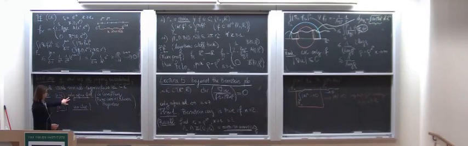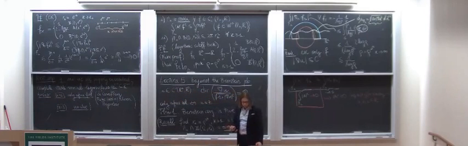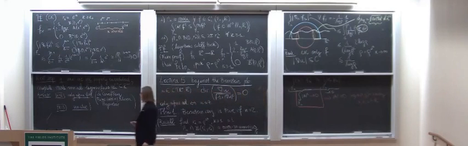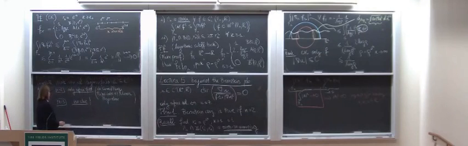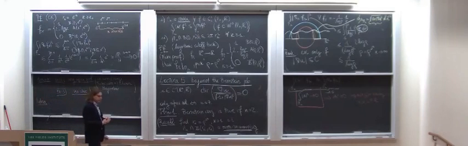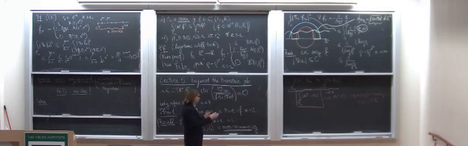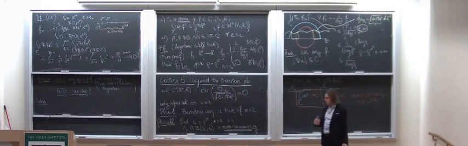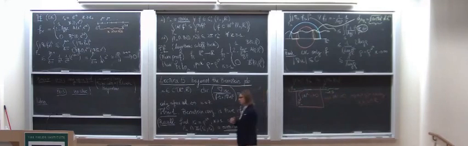So what I would like to tell you now is how to prove this result for n equals 2. There are various proofs. I will give a proof which is very close to the one given by Pogorelov, I guess, in 1987. The general idea is essentially the following. We want to do, again, a logarithmic cutoff trick, but we don't want to do it extrinsically, with a function defined on R^3 and with the area growth being extrinsic, so again in R^3. We want to do it intrinsically on Sigma.